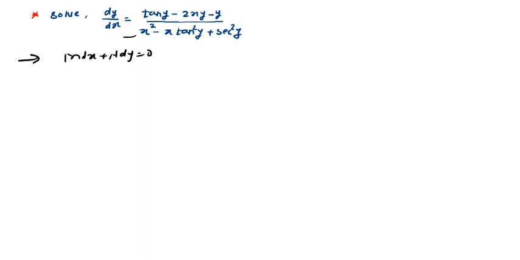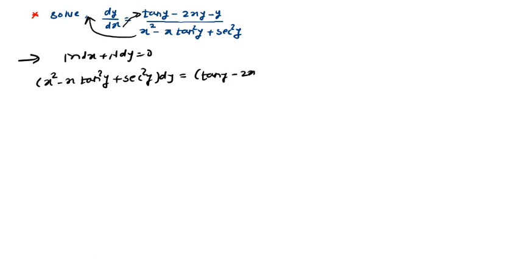Take this term to the LHS and take this term to the RHS. See what will happen. This will be (x square minus x tan square y plus sec square y) dy is equal to (tan y minus 2xy minus y) dx.